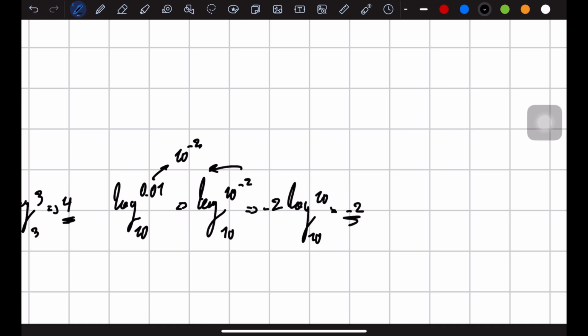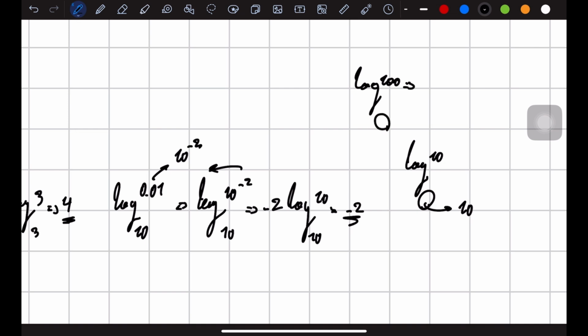And again, this is an important thing. When they just write it down like this and you can't see any base, the general rule is that the base is equal to 10. You have to know it. For example, log of 100, and they want you to calculate this one.